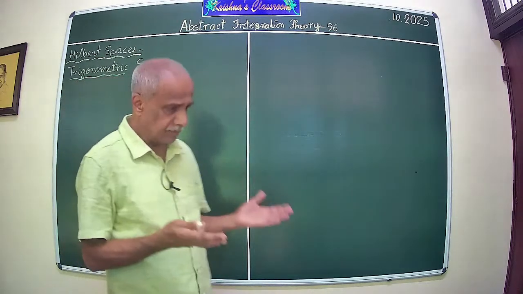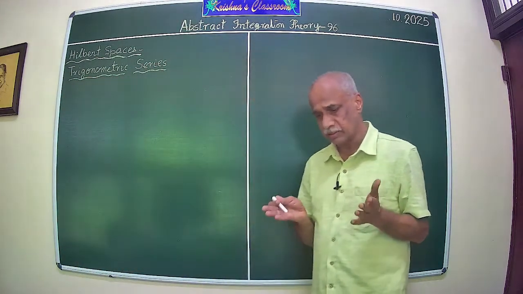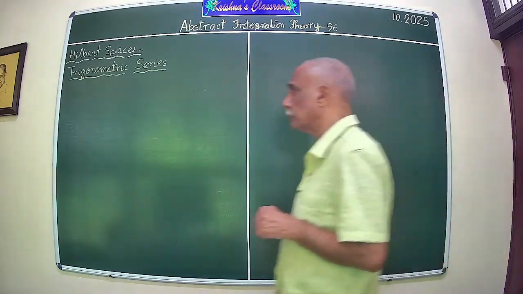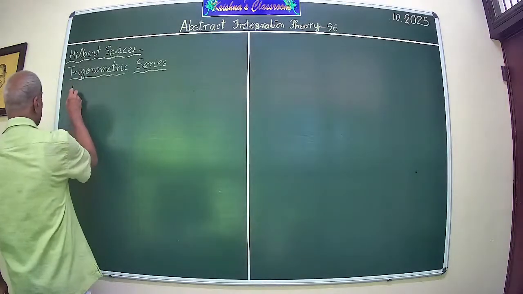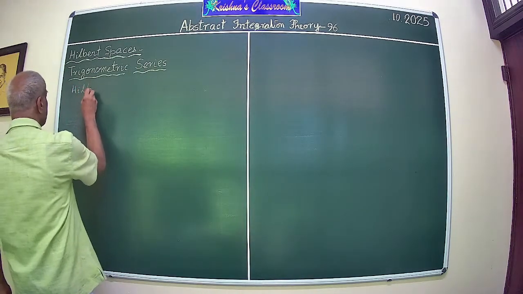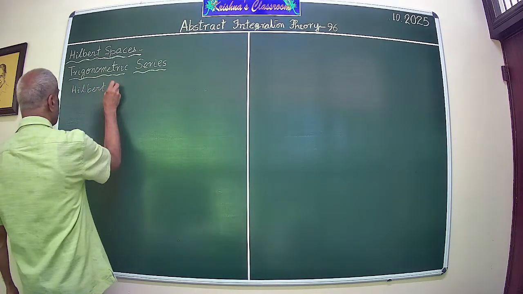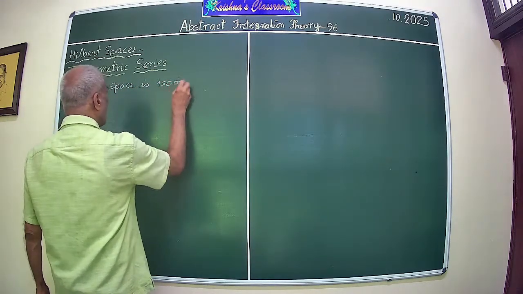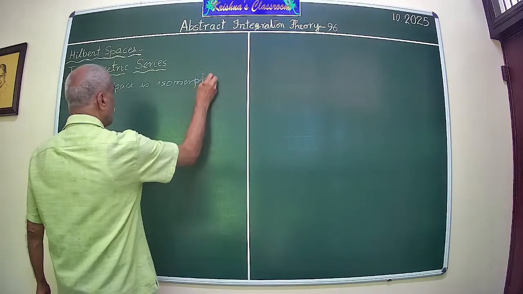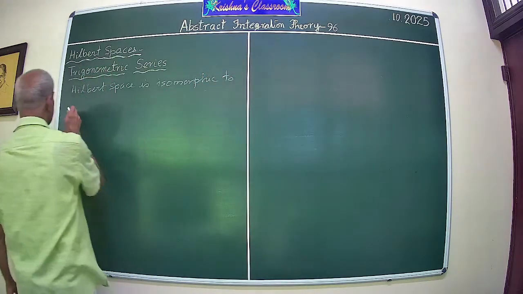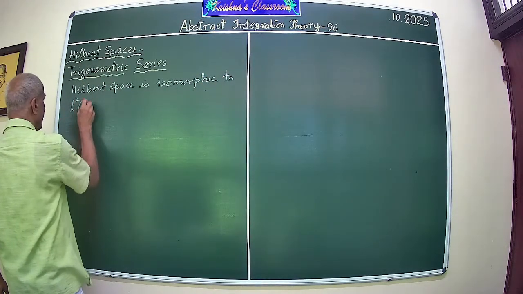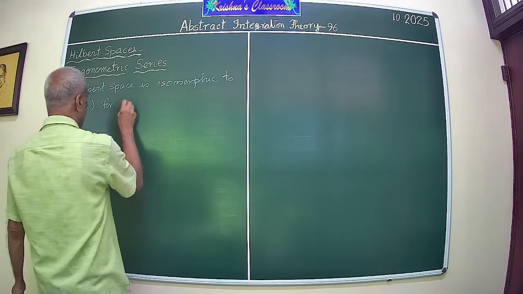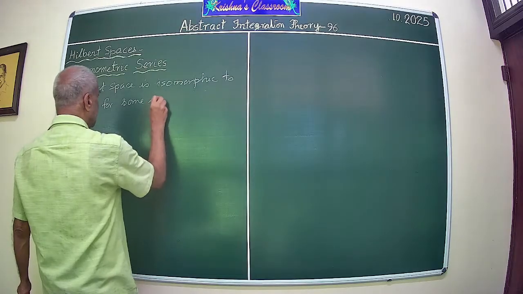In fact, the core of the results that we proved was that a Hilbert space is isomorphic to L2(A) for some index set.